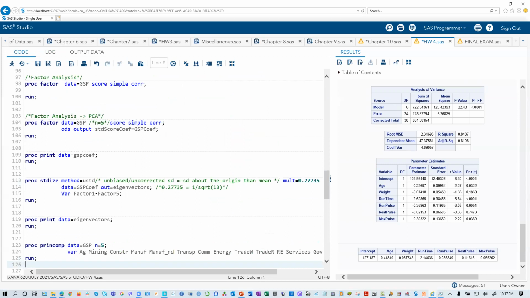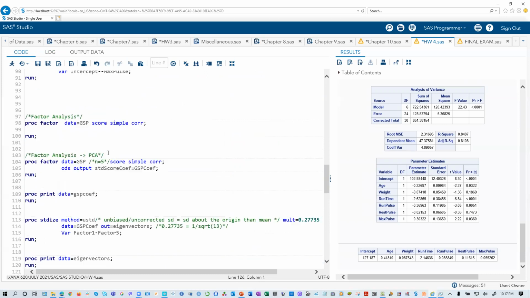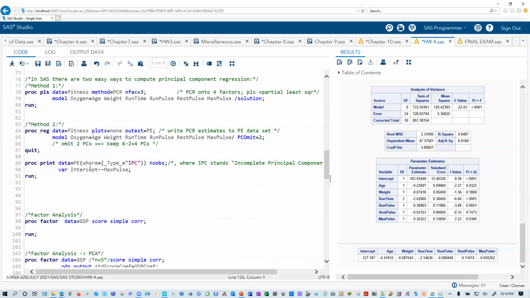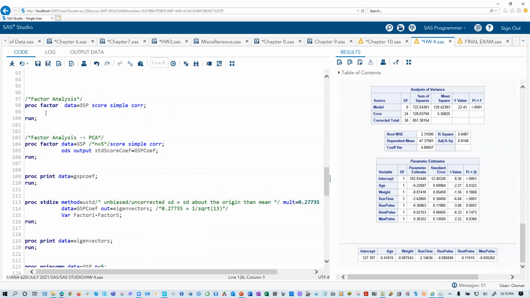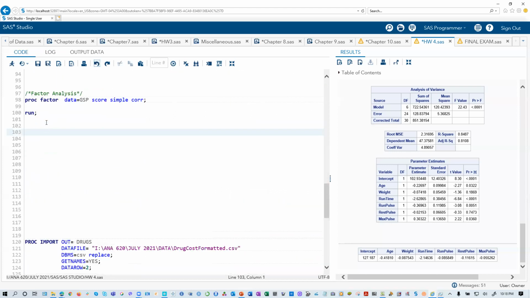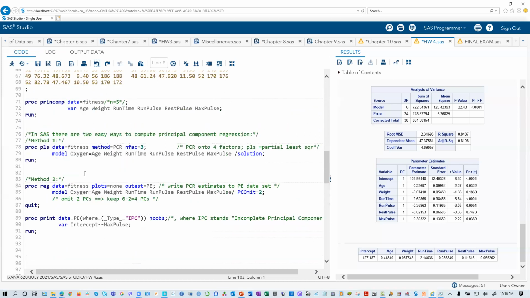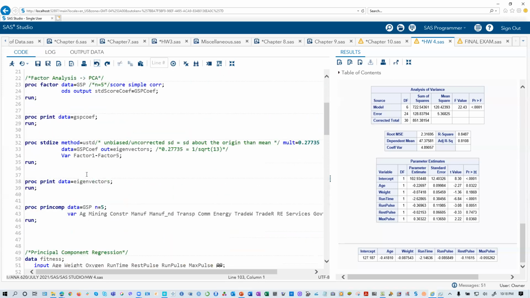If you want to do that one to this one, then fact analysis, GSP. That's for the GSP. I don't think that we need that one. So it's for the GSP. Fact analysis we have already have over here.